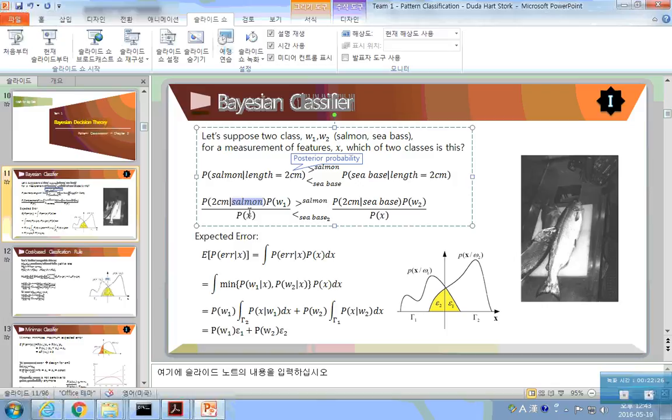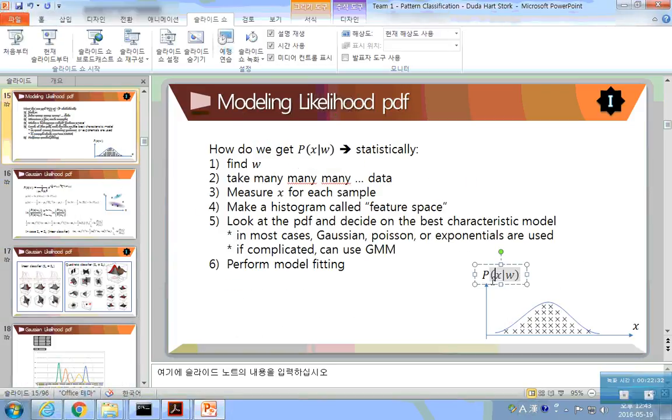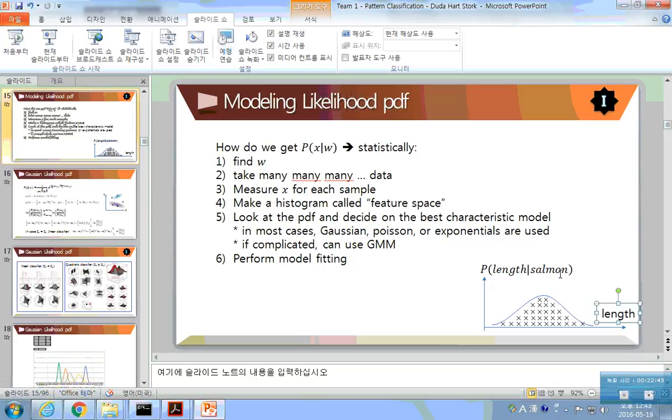So let's say I measure the first time, it turned out to be 1 centimeter. So let's say this is the length, and this is salmon. Then I put the salmon in front of my camera and measure the length, it turned out to be 2 centimeters. So I make a mark here.